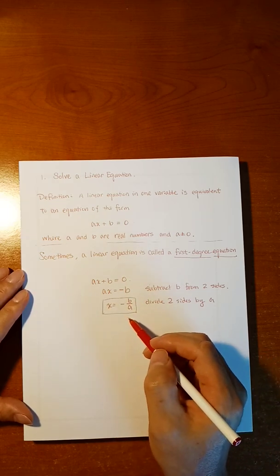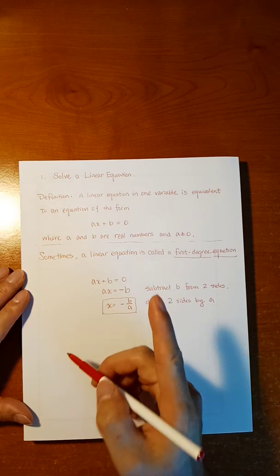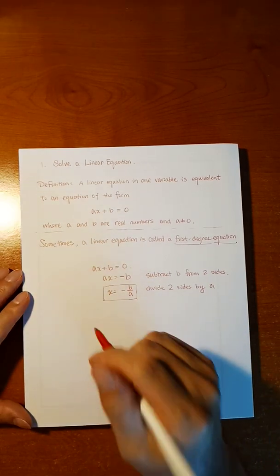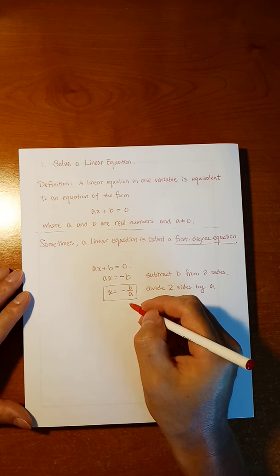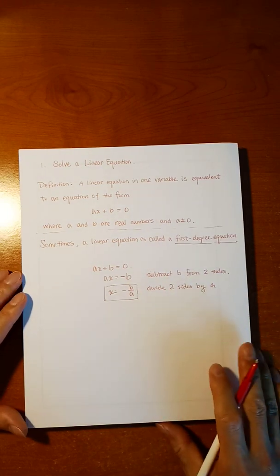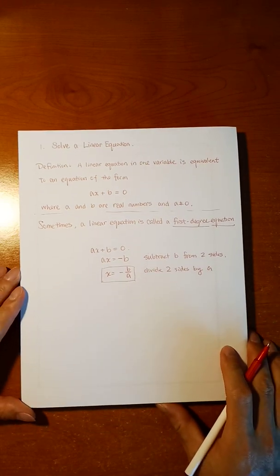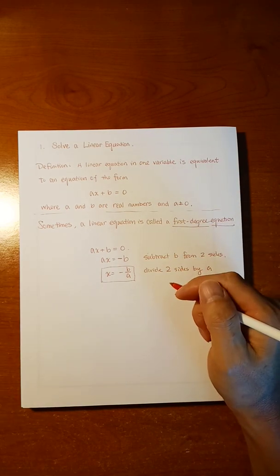So this is the answer. It has just one solution. So the solution set is negative b over a. It has a single solution. All right? Okay, so this is the general discussion.